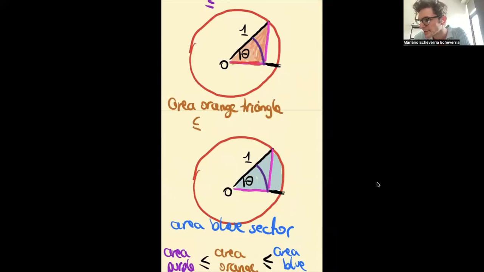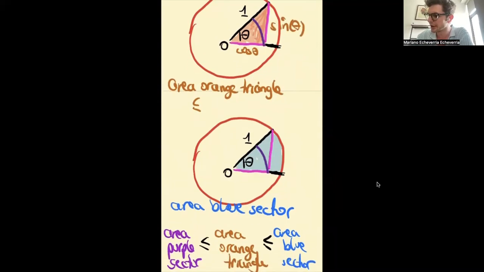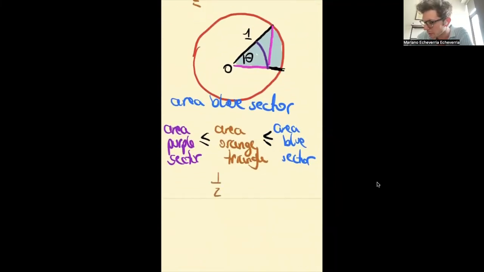So what's the base in this triangle? Excellent, that's cosine of theta, perfect. What's the height of this triangle? It's sine of theta, good. So the area of the triangle should be 1/2 cosine of theta, sine of theta.